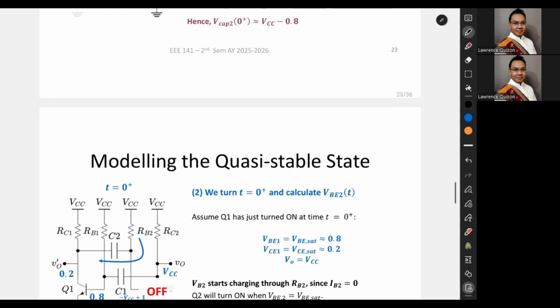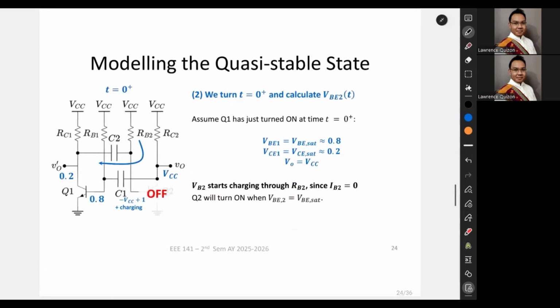So next, we use that value to calculate VBE2 because we need an initial and a final value, right? So Q1 has just turned on now, and we need to calculate VBE2. Okay? So after this turns on, this snaps to 0.8, this snaps to 0.2, and this snaps to VCC. Now, this one through C2 becomes 0.2. So we'll calculate this in the next page.